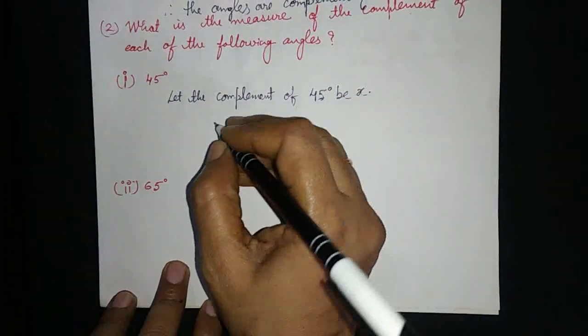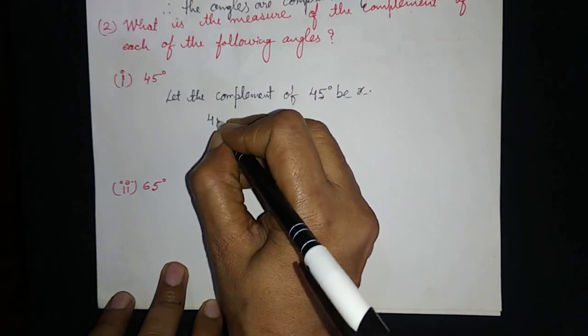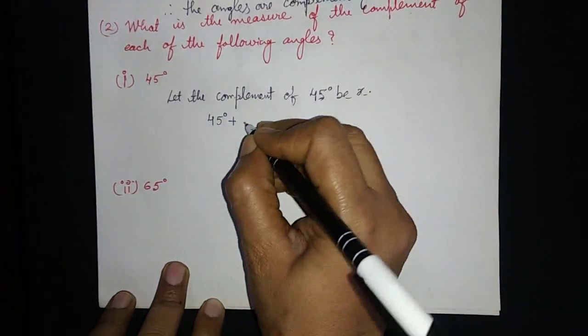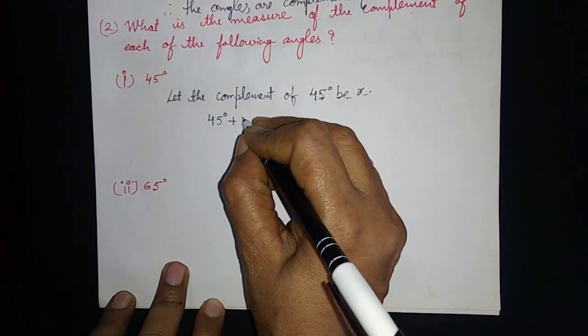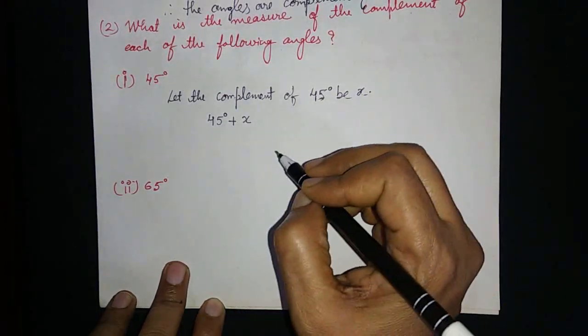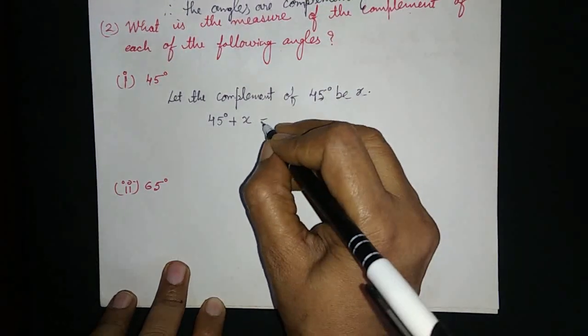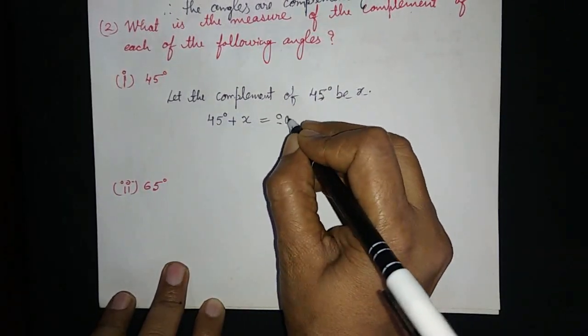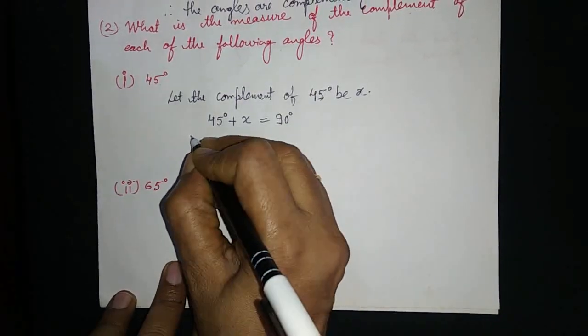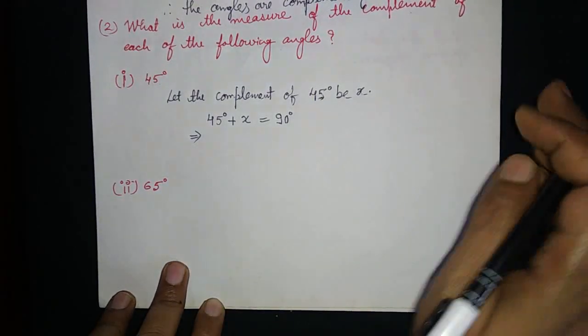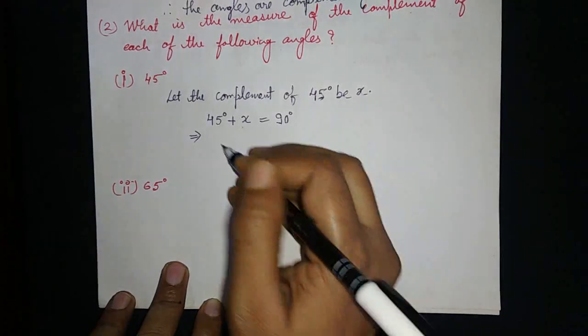The given 45 degree angle and its complement x, their sum is equal to 90 degree.